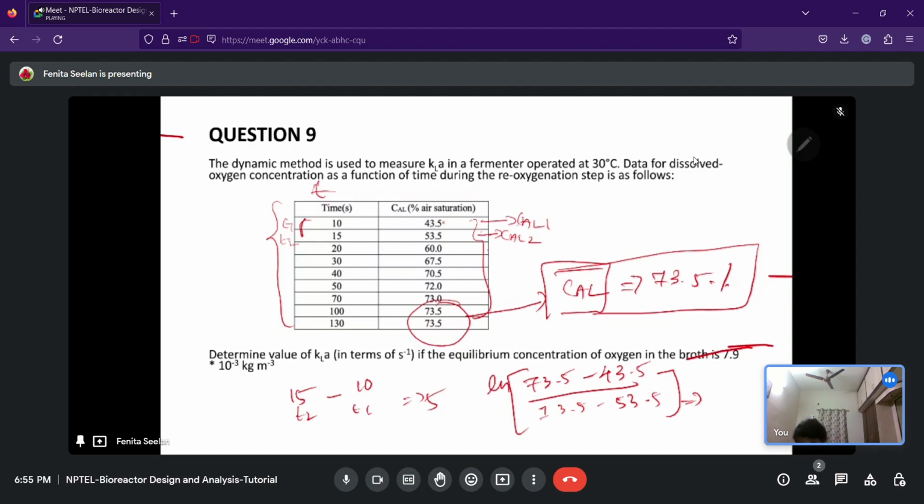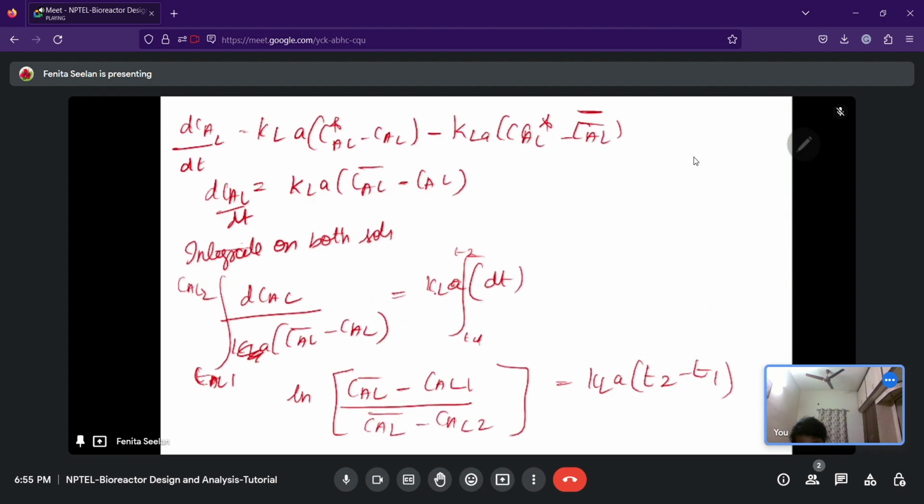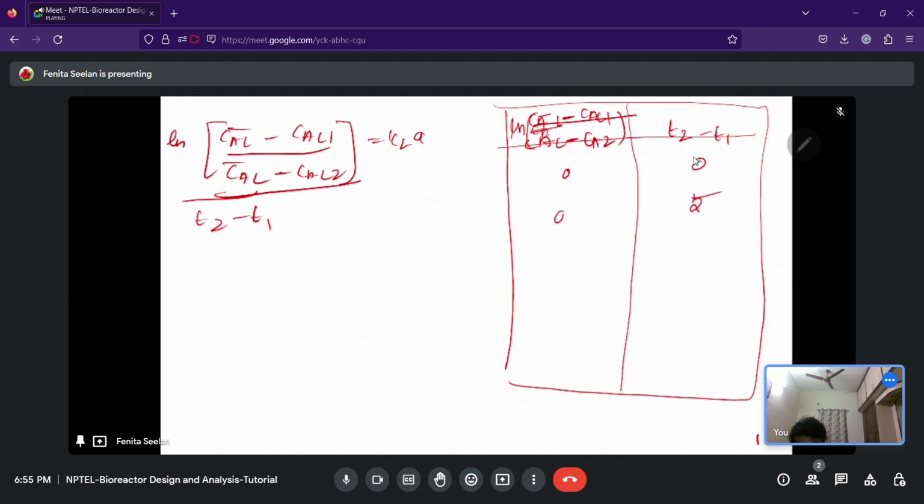The answer would be 0.41. Similarly, you have to keep filling this.